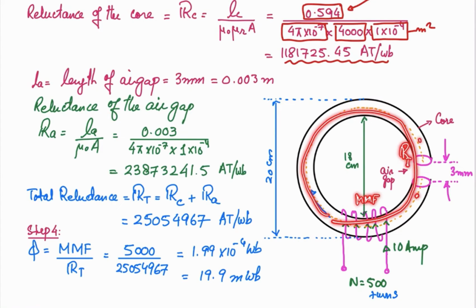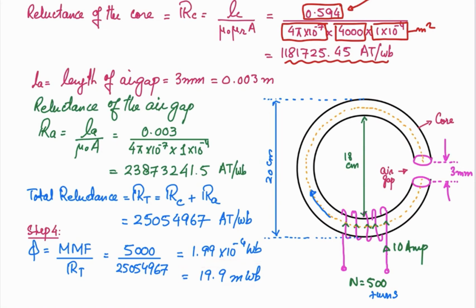So you can work out what will be the flux in this one. 5000 is the MMF, 500 into 10, 5000, and then dividing it by the total reluctance, you will find out the flux that will be established in this structure, passing through this core as well as through this air gap and completing its loop. So that flux is 19.9 milliweber.